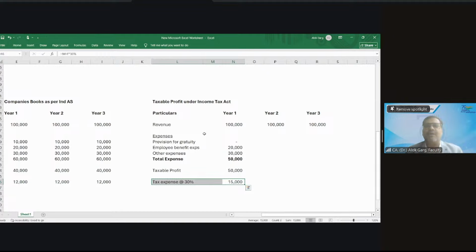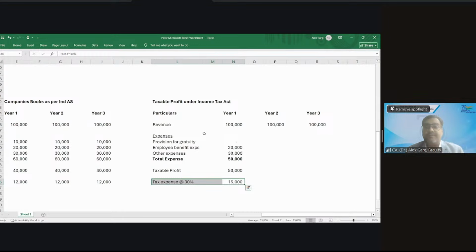But going by the accrual principle, your tax expense is 12,000, because your accounting profit is 40,000 and 30% should be 12,000. And here your current tax is coming at 15,000. The tax which is going to be payable is 15,000.